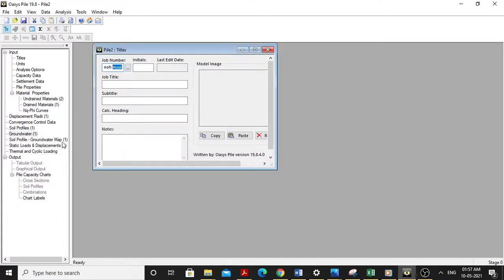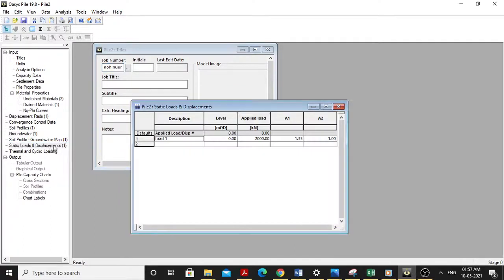Okay. And then static load. Here if you see, we have given a 2000 applied load and the A1 and A2 factors. These are partial resistance factors as per Eurocode 7. In this case 2000 kN doesn't matter, because as I have already said, we have given the load increment, so it will start from 100, 200, 300 and go till 2000.